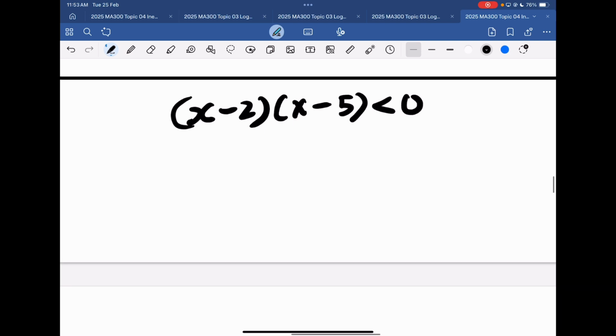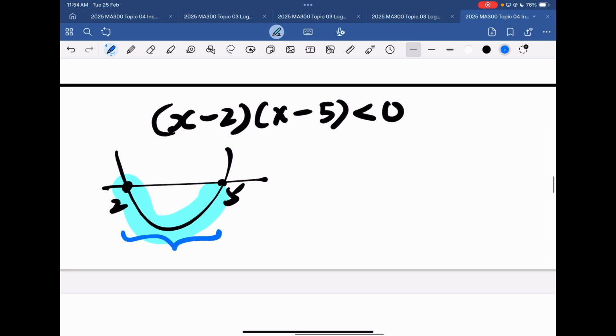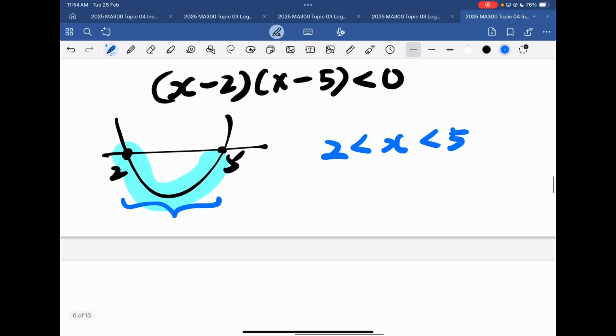What would the answer be? It'll be here, right? Basically it's 2 and 5. It'll be below, correct? So in a sense, we are looking at this region, which tells us that we want x to be more than 2 and less than 5.